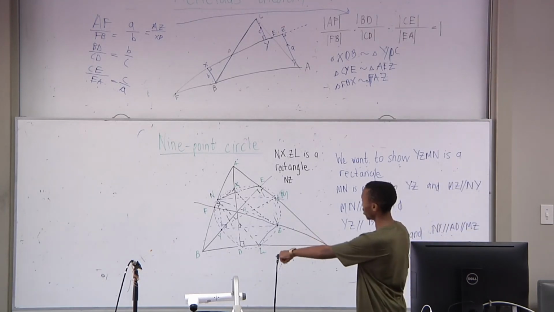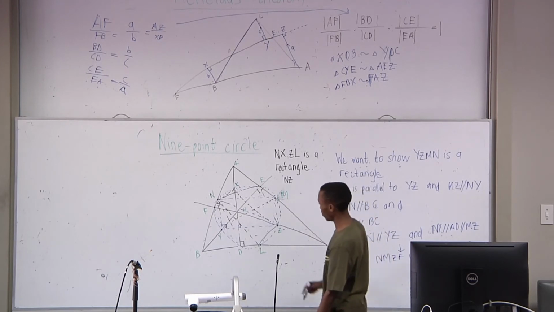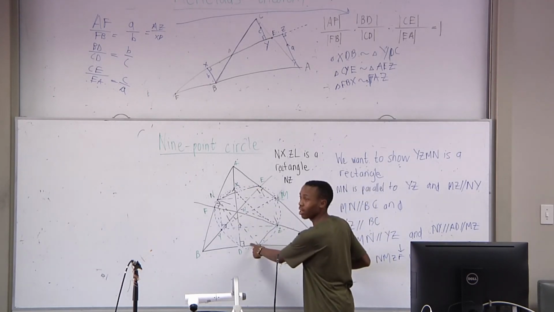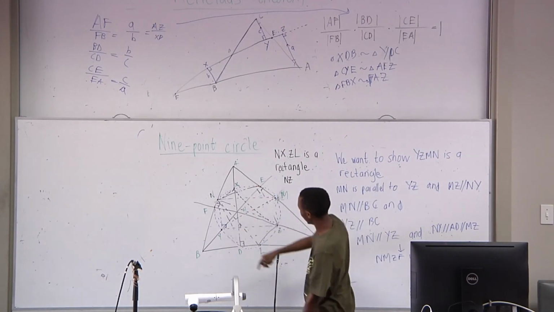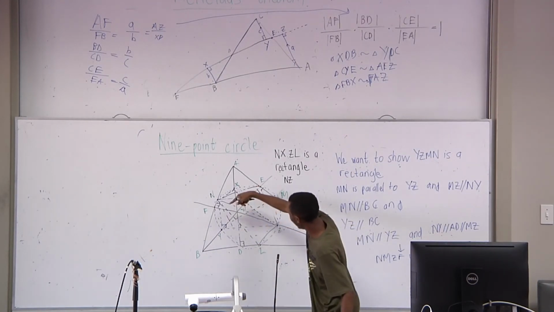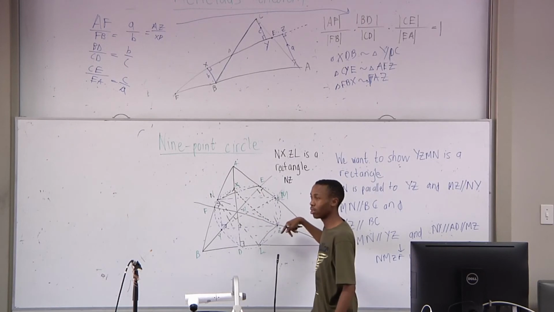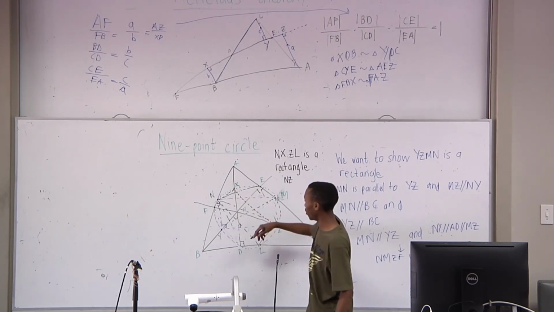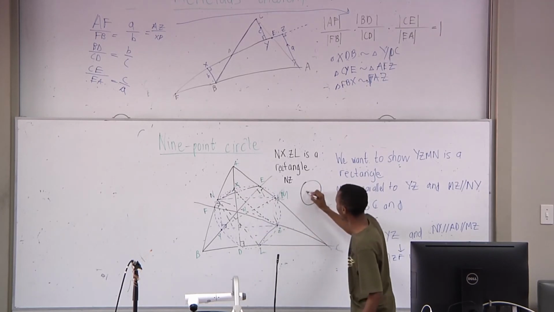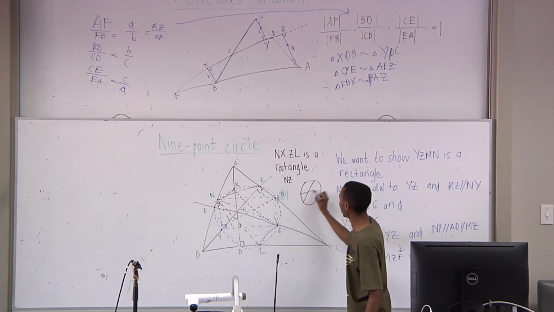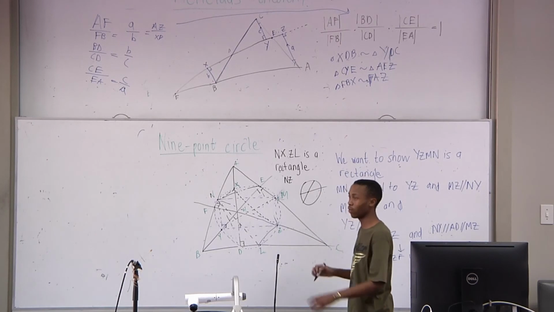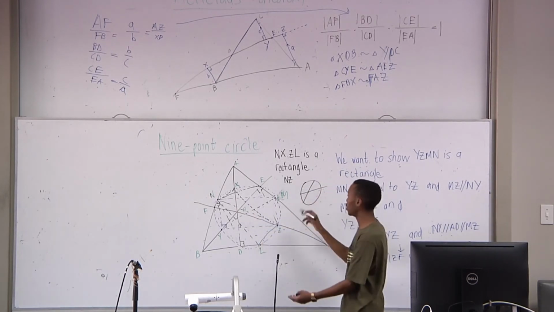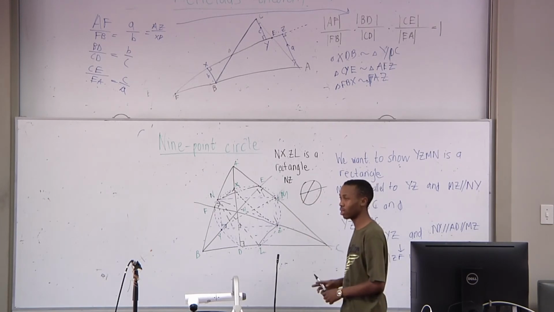Once you find out that XL is a diameter because that's 90 degrees, and you know that there's several 90 degrees also, so you know that FZ is also a diameter of the circle. If you have two diameters, that's a diameter, and that's also a diameter, that will be the center. So you draw this line in, that line in, and where they both intersect, that's the center. So that's how you want to draw it.